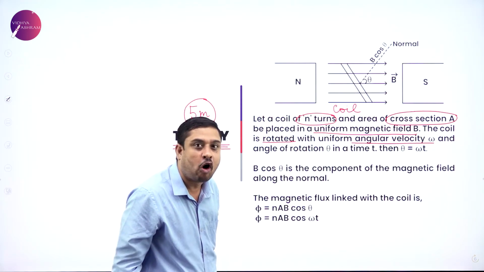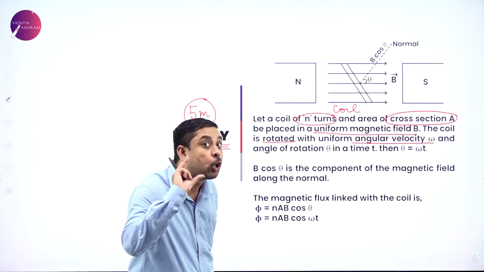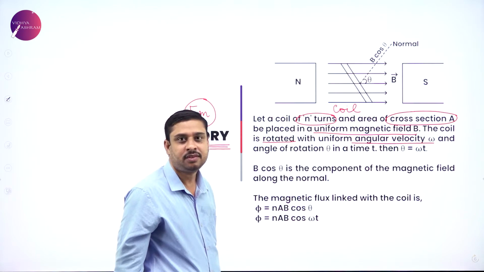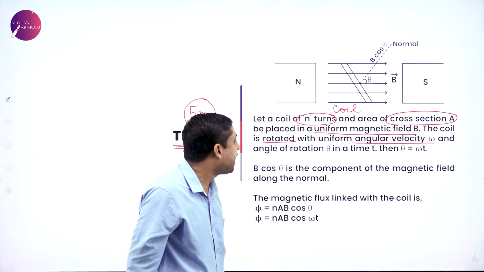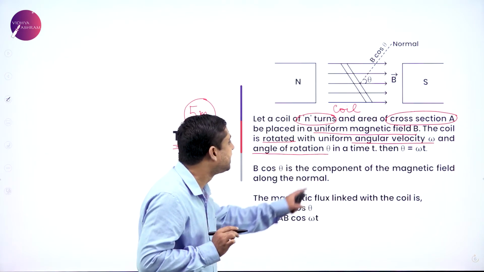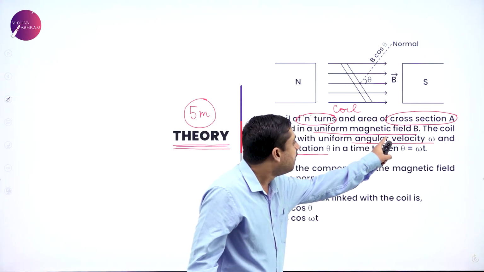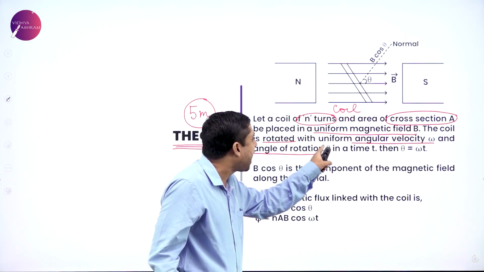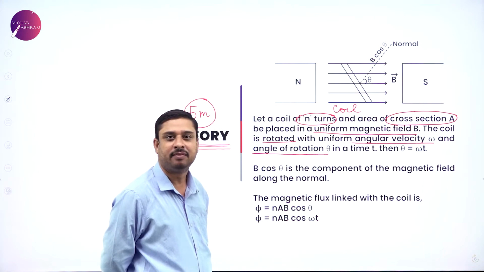I am rotating the coil with a uniform angular velocity omega, and the angle of rotation is theta in a time t. So angular velocity is omega, angle of rotation is theta, time interval is t.